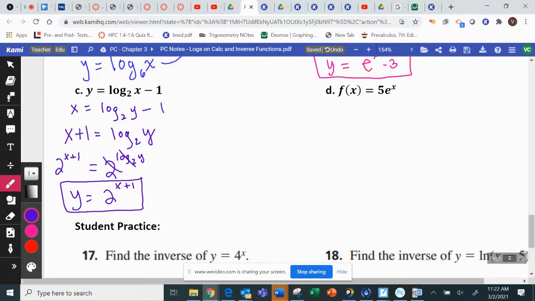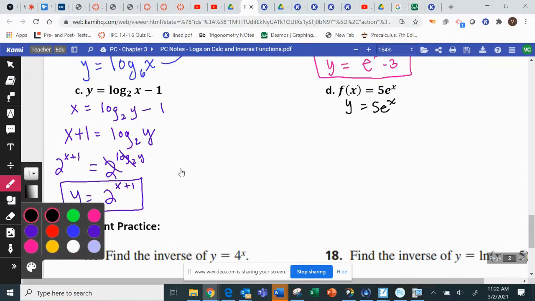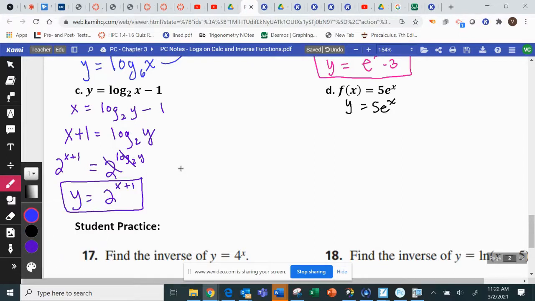All right, question D. So I better put it into y equals 5e to the x. So I can switch my x and my y. X equals 5e to the y.